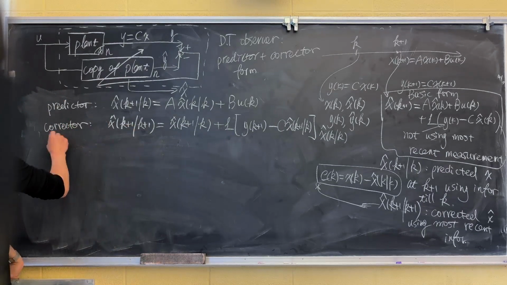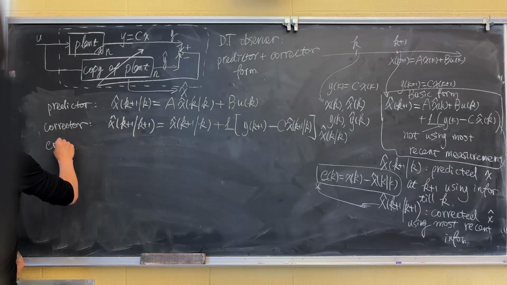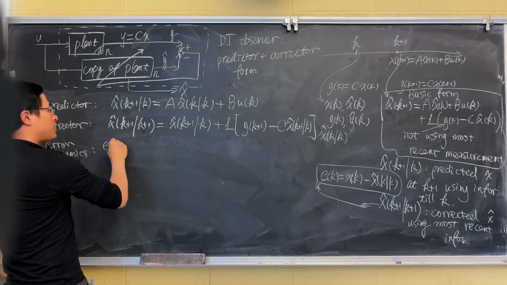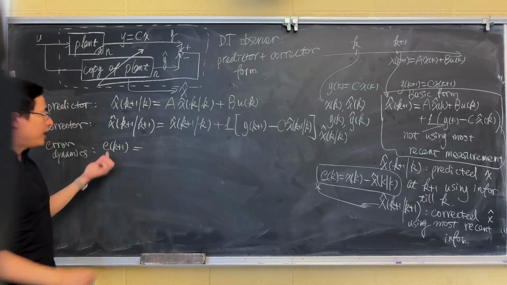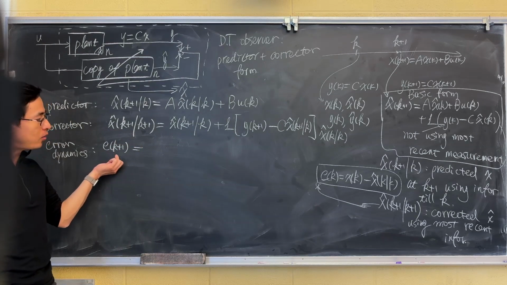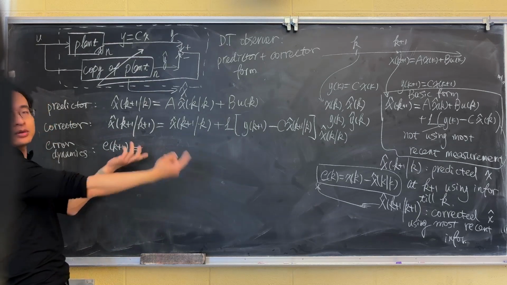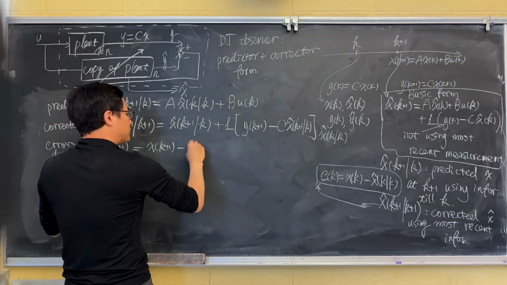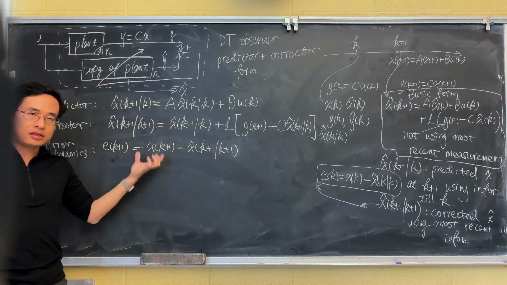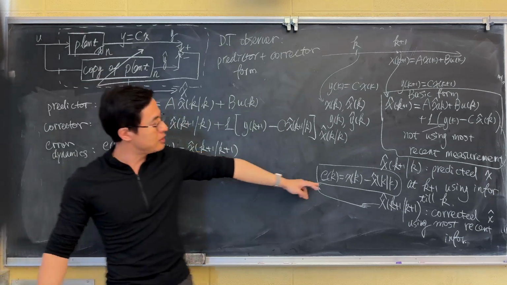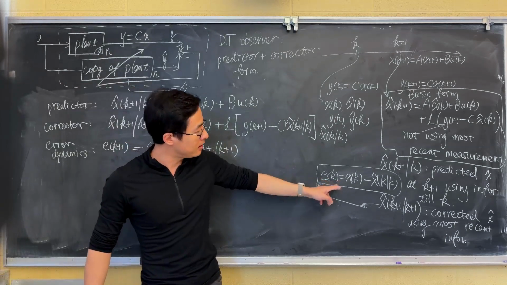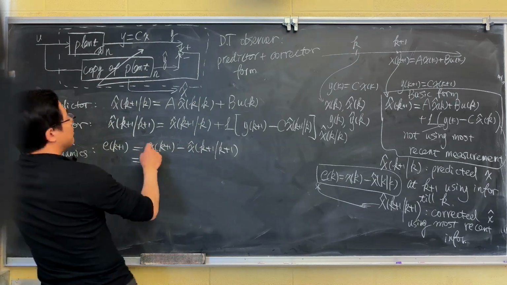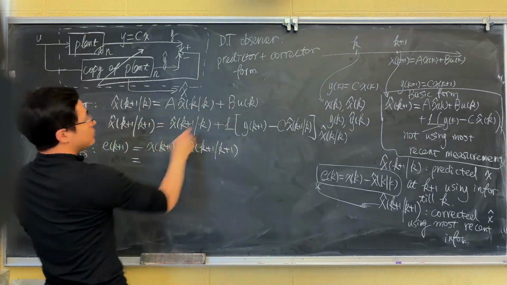To see that, let's check the error dynamics, where I'm trying to relate the error at time k plus 1 with the error at time k. So we compute the difference between these two. Our definition is right here. So update k with k plus 1, we're going to get x k plus 1.